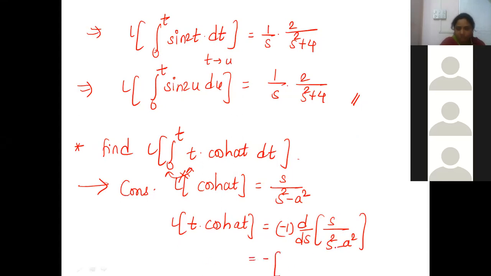Minus sign as it is. v into derivative of u, what is the derivative? 1, minus u into derivative of v, that is 2s, upon v square, s square minus a square whole square. So if you solve this, s square minus 2s square, that is minus s square minus a square.